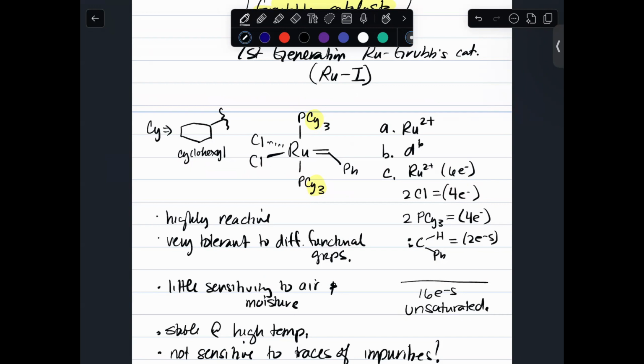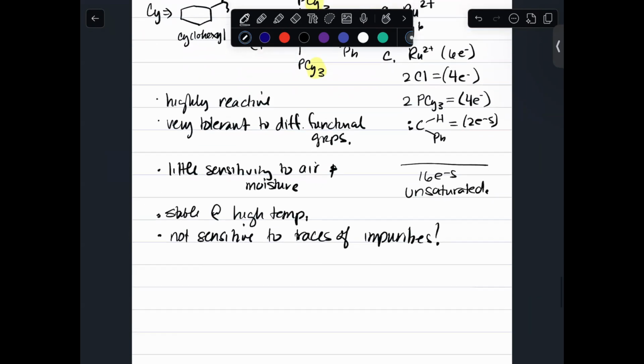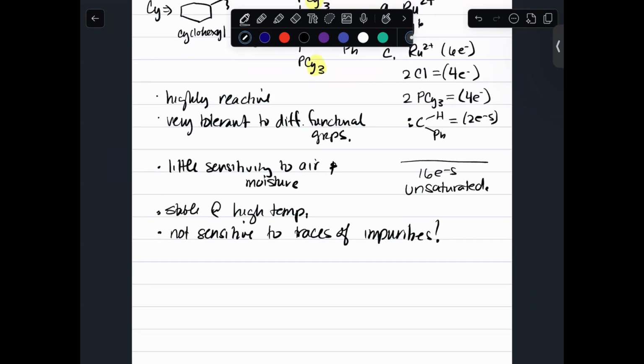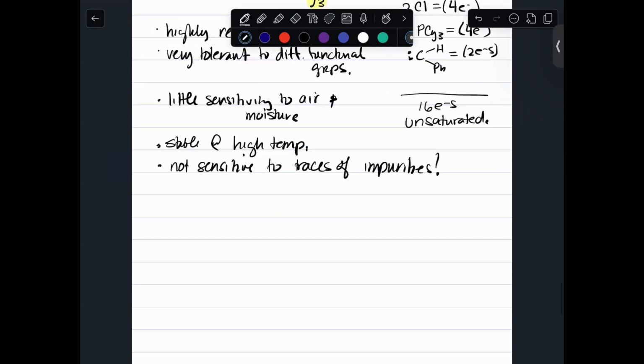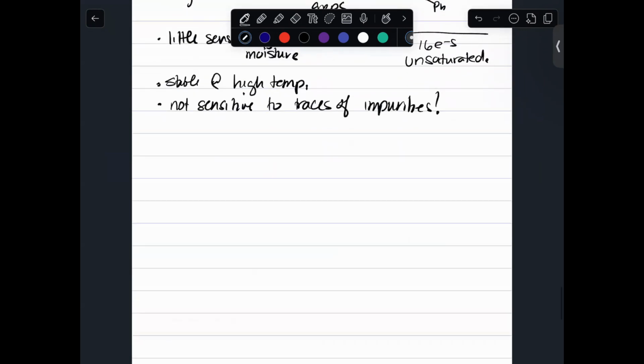Grubbs first generation is just the easiest one to use. And the others work for various functional groups as well. But I'm just going to focus on this specific one because I just want to show you how amazing what they were able to discover is.